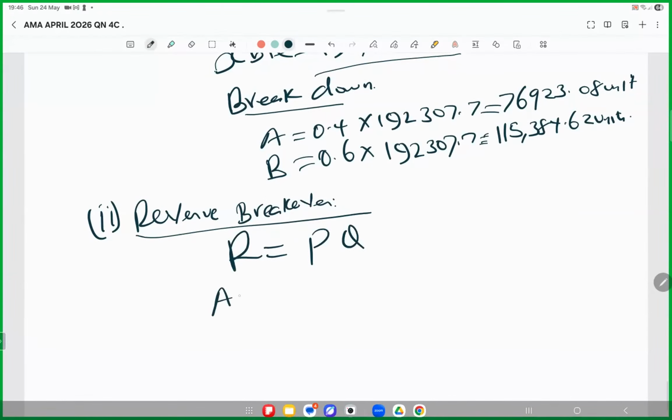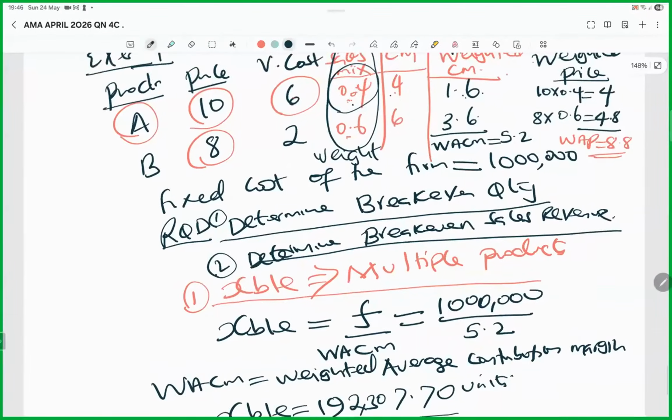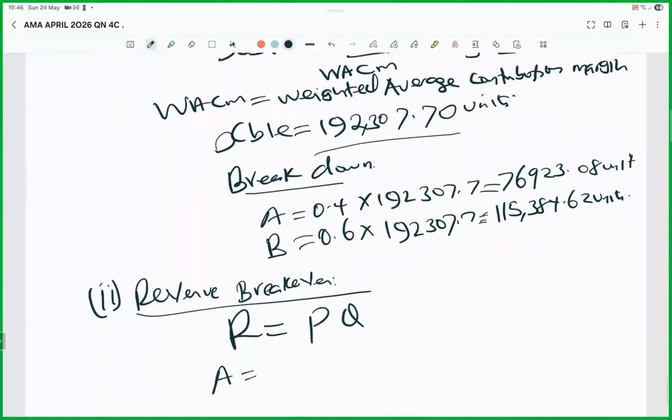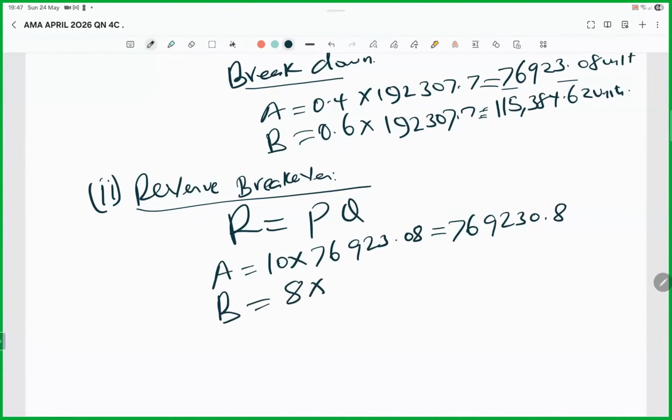So we start with A. The selling price of A is 10 and B is 8. For A, I will take 10 times the quantity for A, which is 76,923.08, giving me 769,230.8. And then for B, the selling price is 8 times the quantity of B, which is 115,384.62. Are you able to give me this answer now for B?